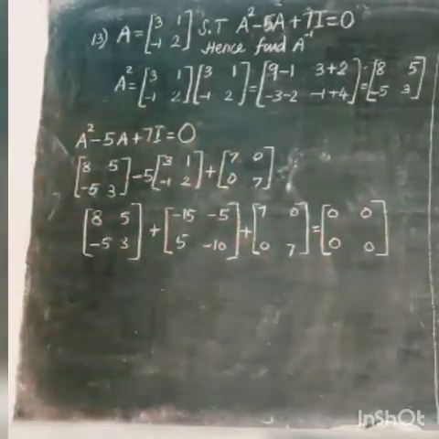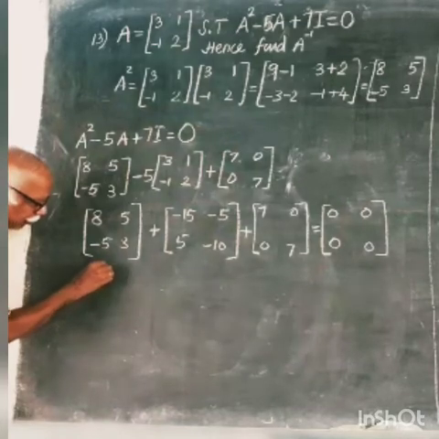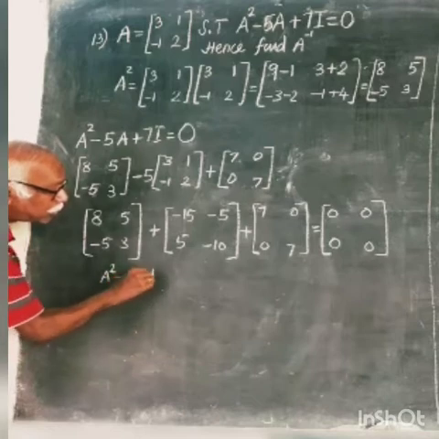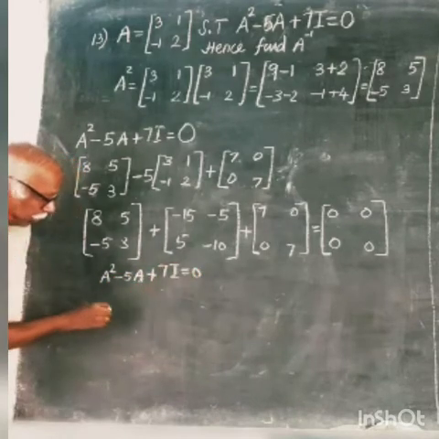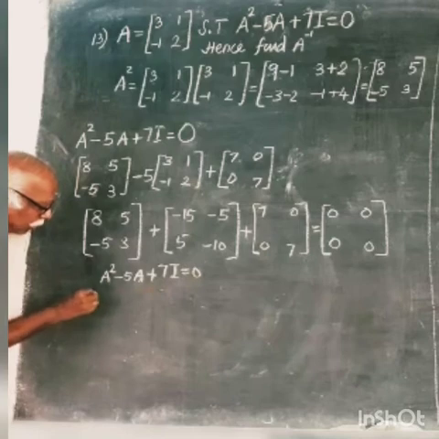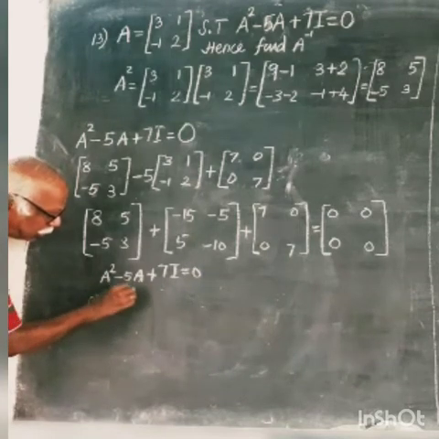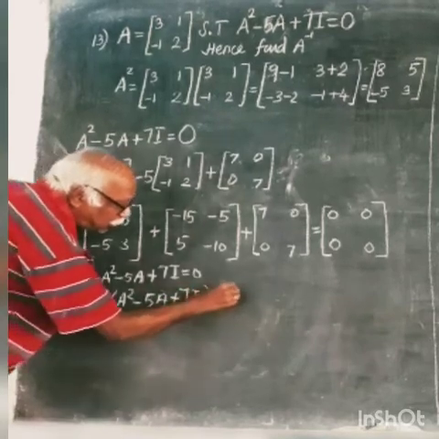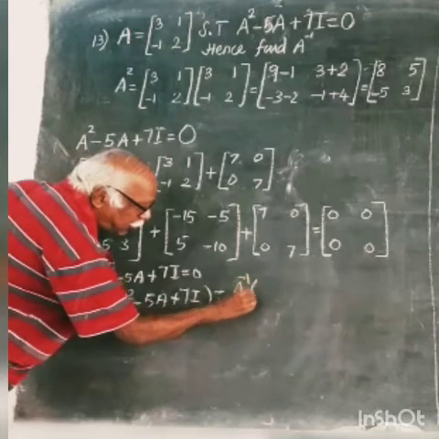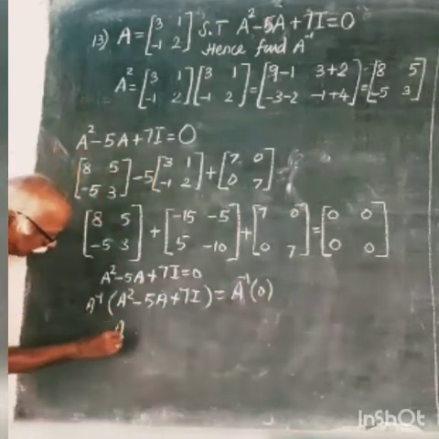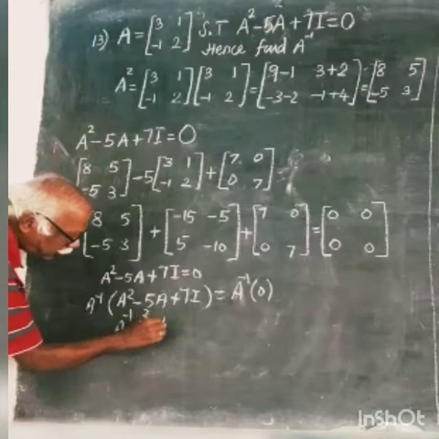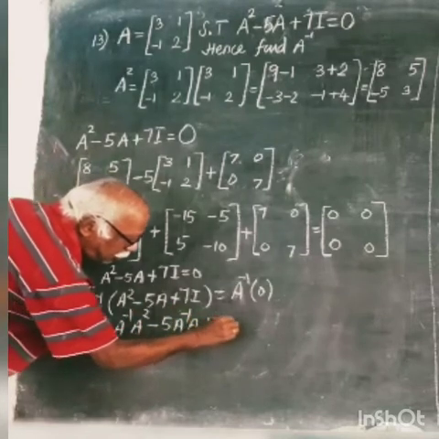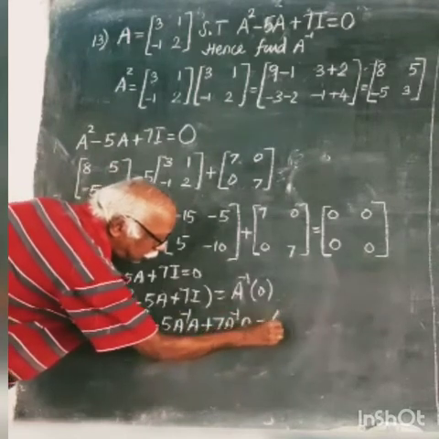From this we have to find A inverse. See, A square minus 5A plus 7I equal to 0. Multiplying by A inverse on both sides: A inverse into A square minus 5A plus 7I equal to A inverse into null matrix. So A inverse A square minus 5 A inverse A plus 7 A inverse I is equal to 0.